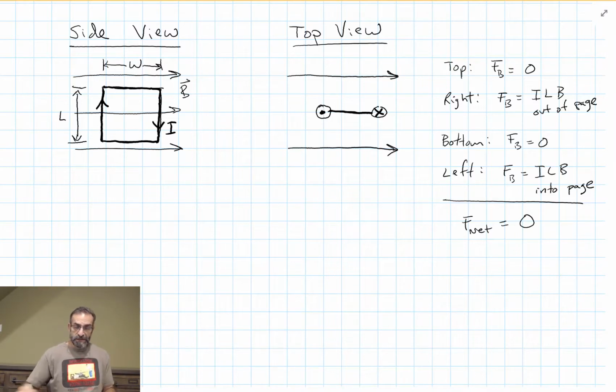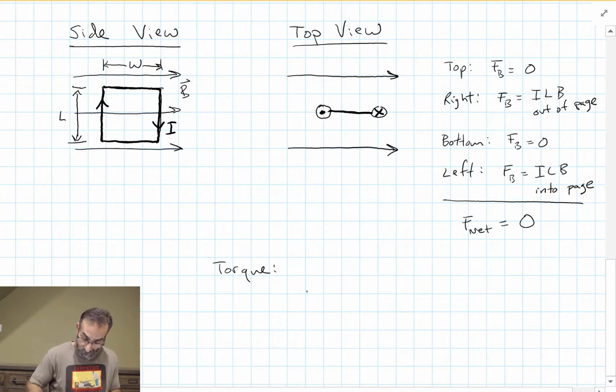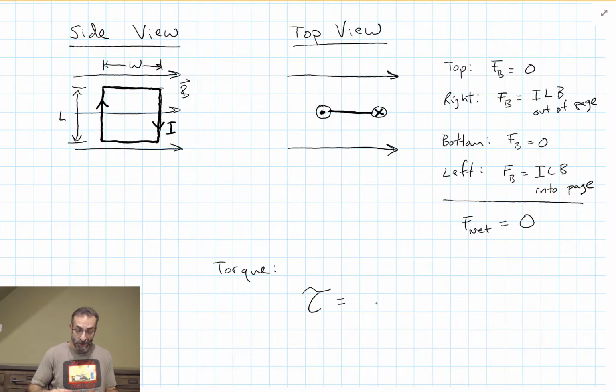In this configuration, let's calculate the torque. This turns out to be the maximum torque on our loop of wire. We'll talk more about that later.